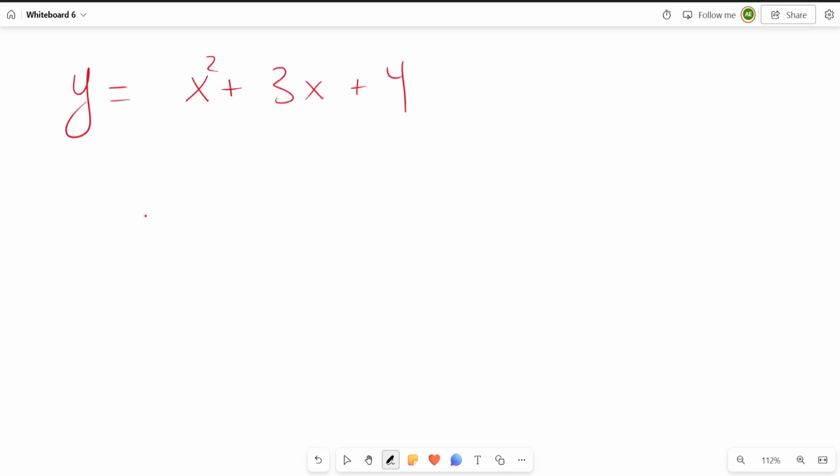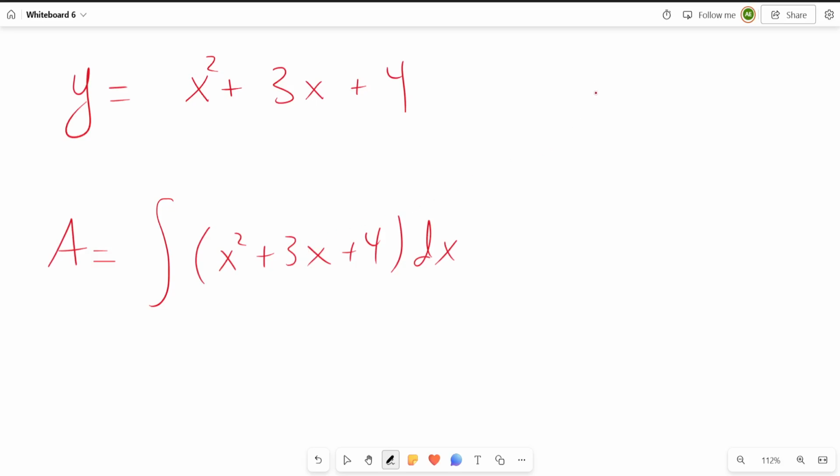So the area is going to equal the integration of x squared plus 3x plus 4 dx. This is going to give me a function of area, a general function of the area. So how do I integrate?